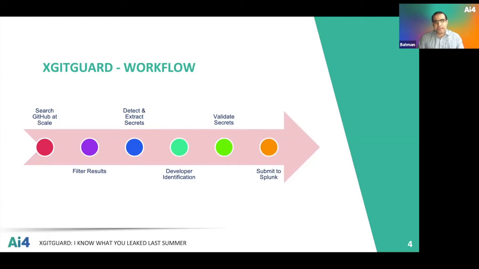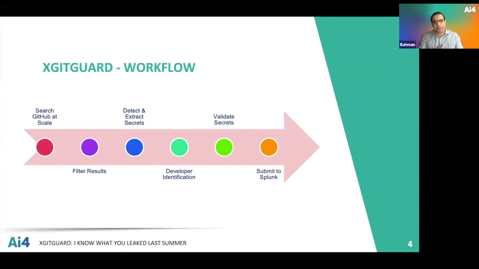The XGITGuard workflow starts by searching GitHub at scale. This is where we use the GitHub search API to search for repos and code, specifically the repos that are publicly available. Then the results will be filtered. Whatever comes back from these APIs, we filter to remove the noise, such as, for example, a file that has no content or very little content, which is really not what we're targeting.